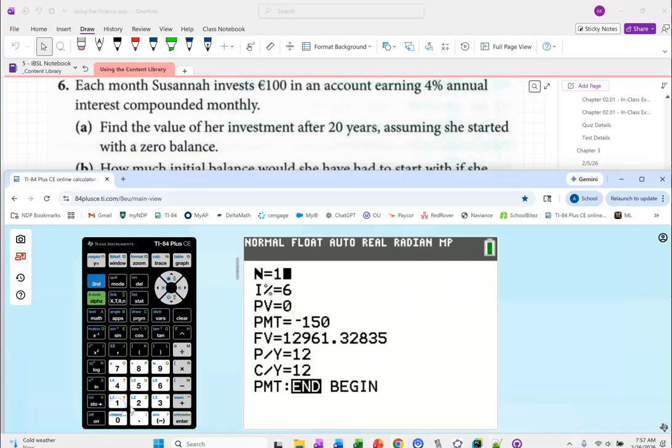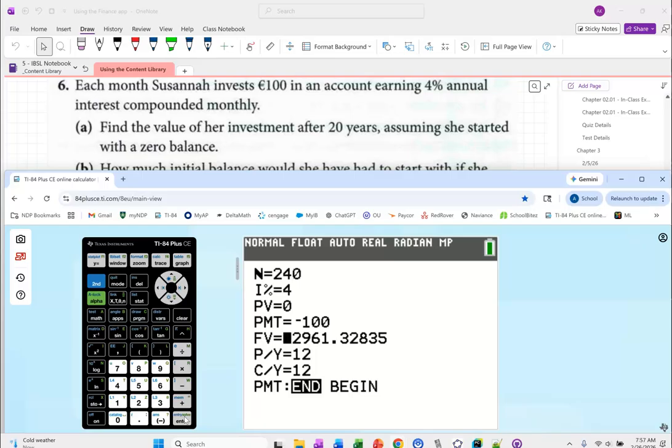We're doing this every month, so that's the 12. For 20 years, that's the 20. What should my I be? 4. The present value? 0. The PMT? Negative 100. And what are we looking for?